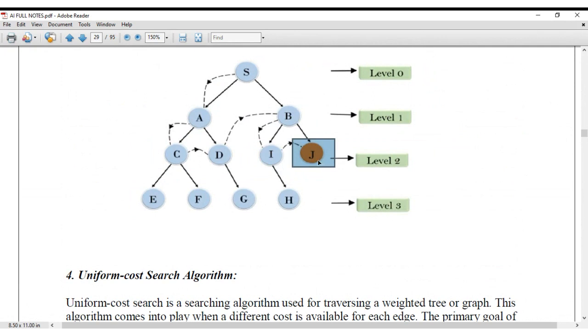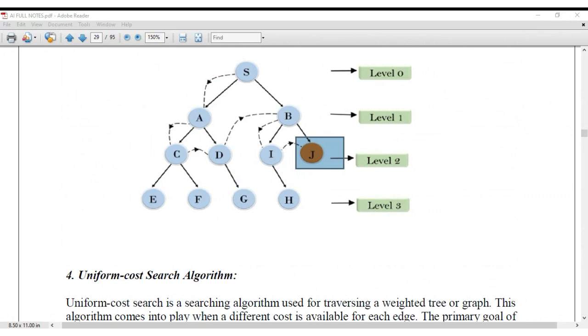But if J was not the goal state, can someone tell me, it will skip from J to which one? If J were not the optimal solution, the search algorithm would advance to which node?